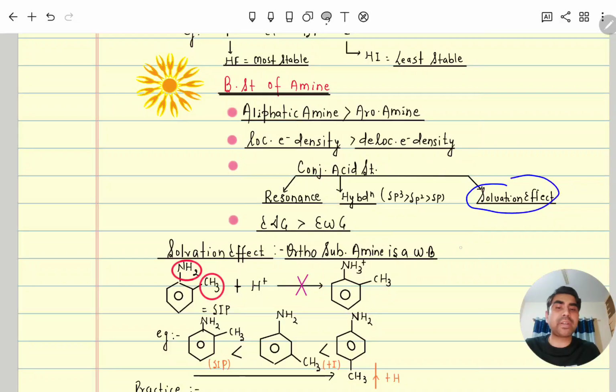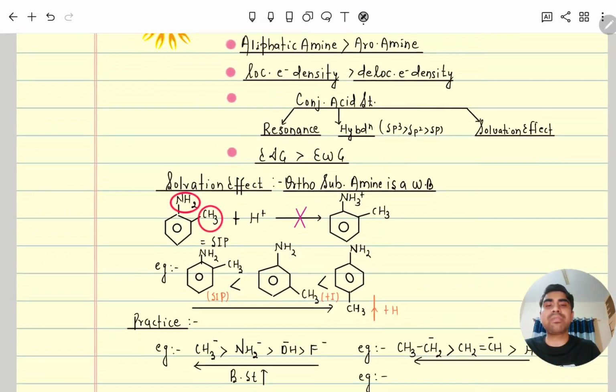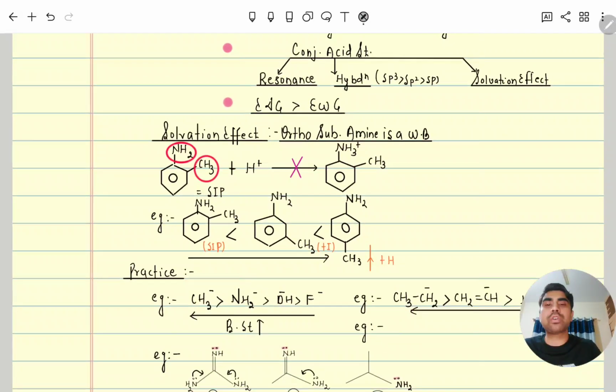After that, solvation effect. And last, if electron donating group is present in that amine system, then it will have more basic strength than with the electron withdrawing. What is the solvation effect? Like the steric effect or ortho effect, solvation effect is also there. So if in aniline, a primary amine, an ortho-substituted bulky group is there, then it will have very less possibility to accept H plus because of hindrance, because these bulky groups are already there.